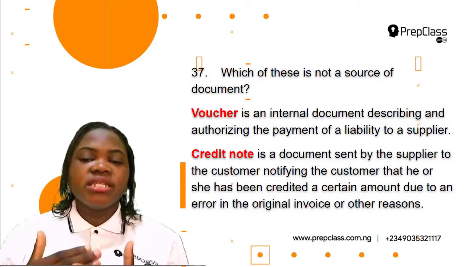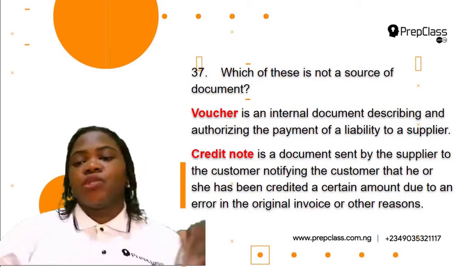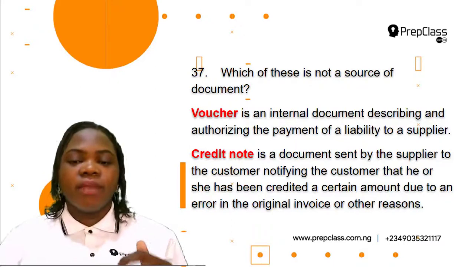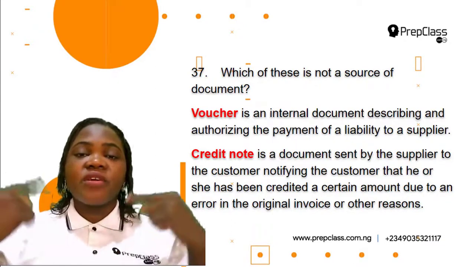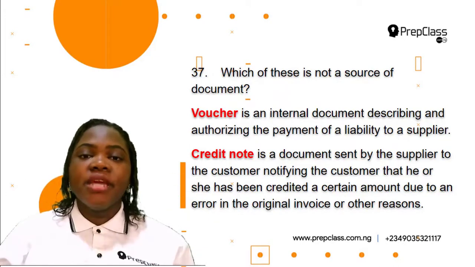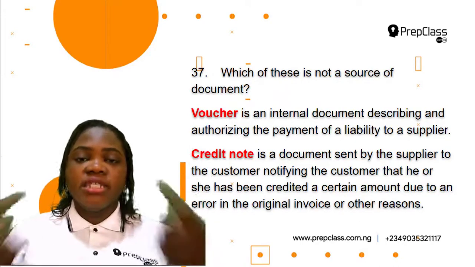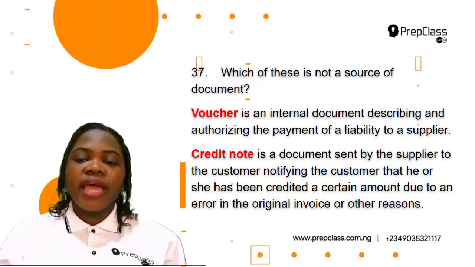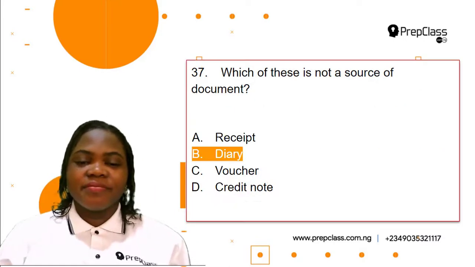So this credit note is sent by the supplier to the customer, telling the customer that he or she has been credited the amount for the damage or for the error in the original invoice. Okay, so that is that.